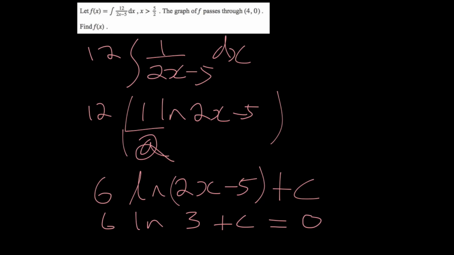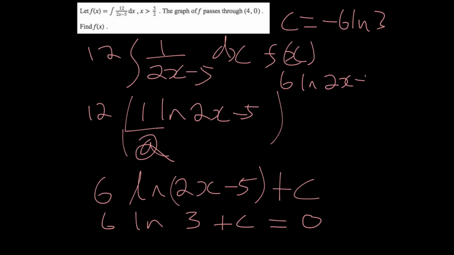So therefore c is going to be equal to negative 6 ln 3. Consequently, f(x), I can then say, is going to be 6 ln 2x minus 5 minus 6 ln 3.